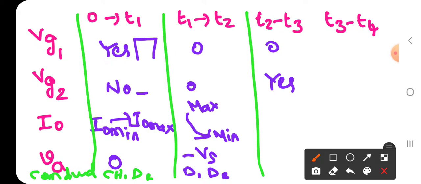And I naught increases from minimum to maximum, and VA is 0 again. Here what are the switches on? CH2 and D1. Next, from T3 to T4.